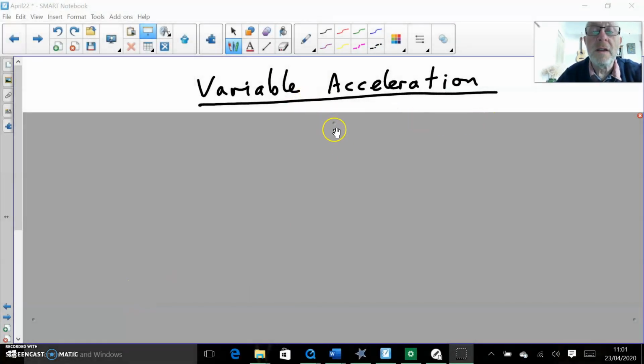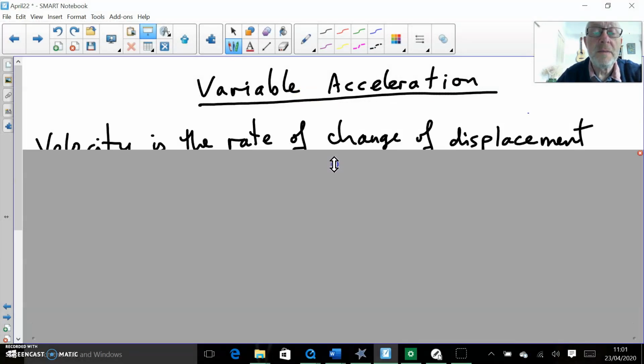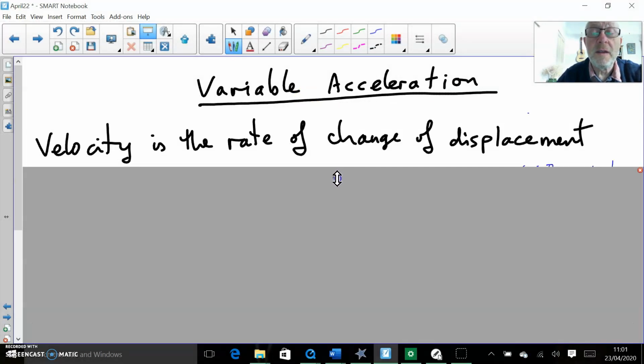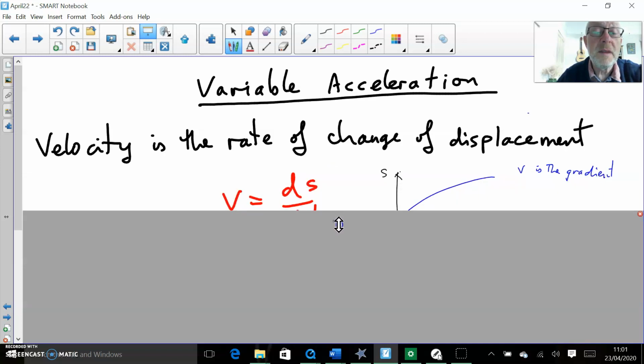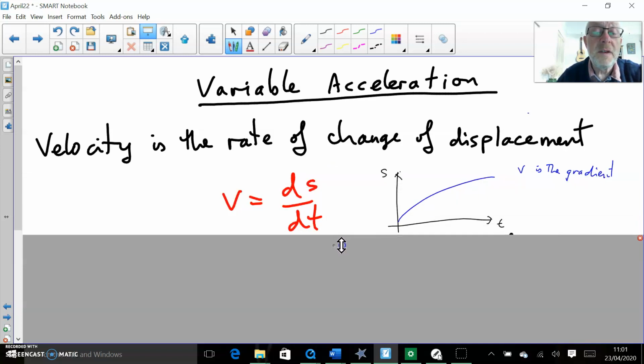So, variable acceleration. Velocity is the rate of change of displacement. If displacement is varying and velocity is varying with time, then velocity, expressed as the rate of change of displacement, is ds by dt.